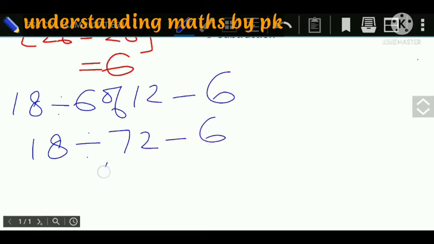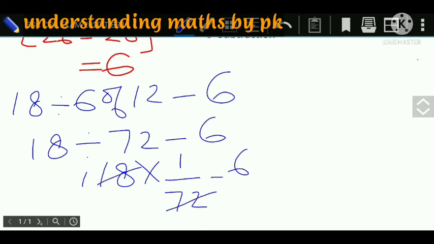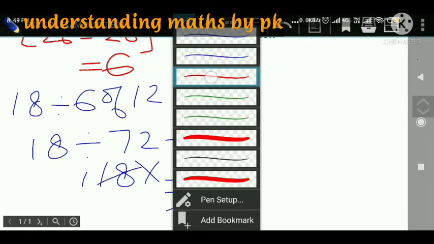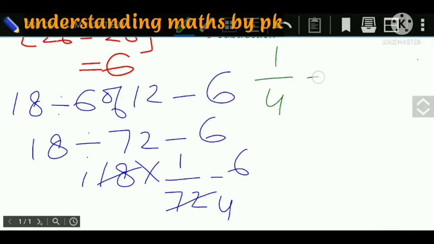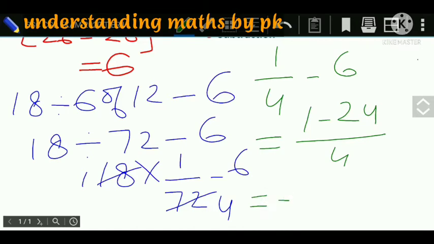So 18 into 1 by 72 minus 6. 18 ones are 18, 18 fours are 72. Now this is left as 1 by 4 minus 6 equal to 1 minus 24 by 4 equal to minus 23 by 4.